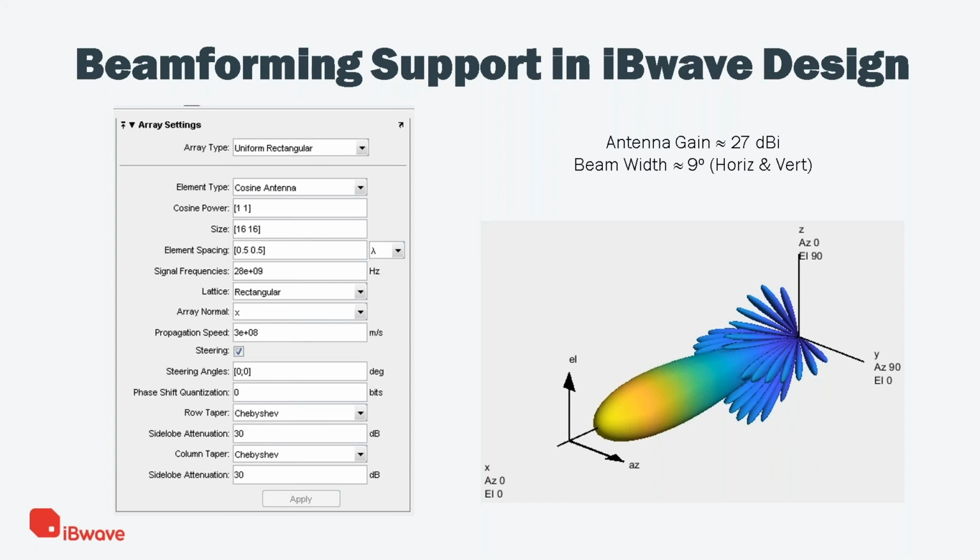From simulation, it is found that this antenna array has an antenna gain of almost 27 dBi and a beam width of 9 degrees in the horizontal and vertical planes, because it is a symmetrical 16 by 16 antenna. So it has a symmetrical radiation pattern in both planes. Here the element spacing in this antenna array is half lambda, and this is for 28 gigahertz.